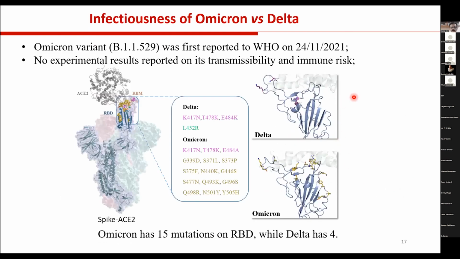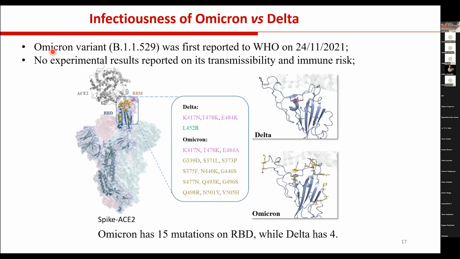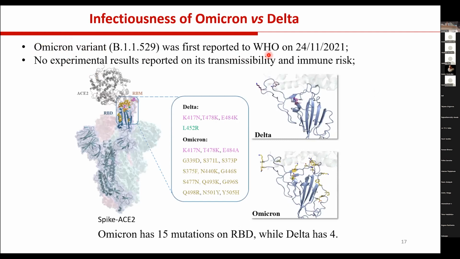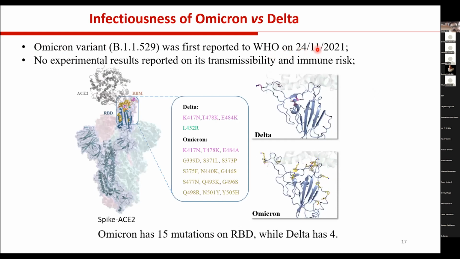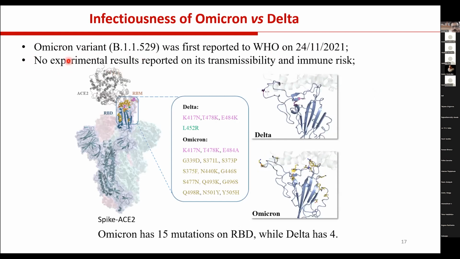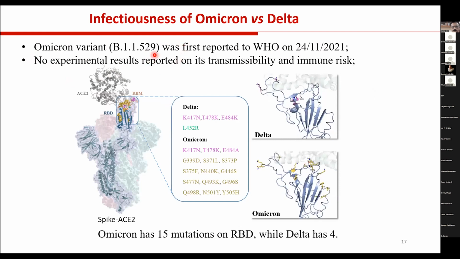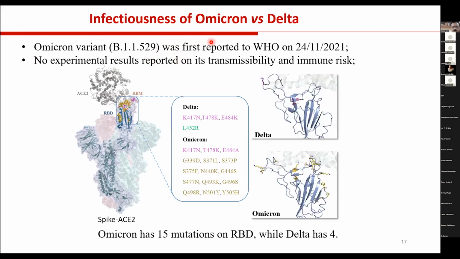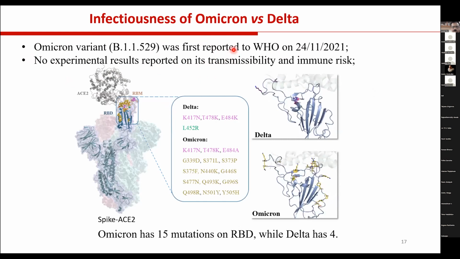And we also noticed a larger variant called Omicron, which was reported last November. At that time, no study had been reported. So we want to know whether this new mutation causes some severe infectiousness or immune evasion risk.